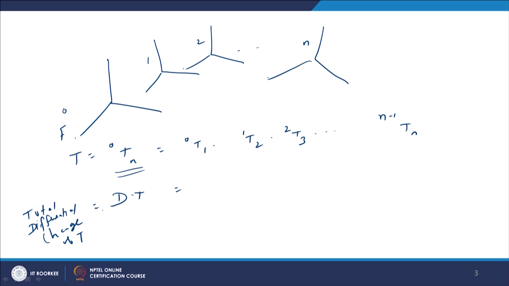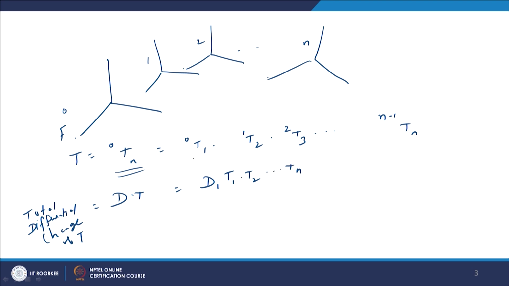So, what is the D matrix which we have to calculate? That is given by the change with respect to the first frame, plus the change with respect to the second frame, etc. The differential change that happened in the first frame we call D1. Instead of 0T1, let us write just T1, and 1T2 I can mention as T2, etc., up to Tn.